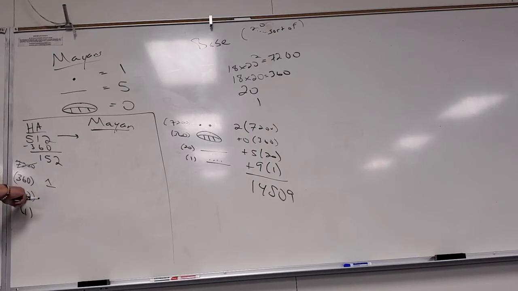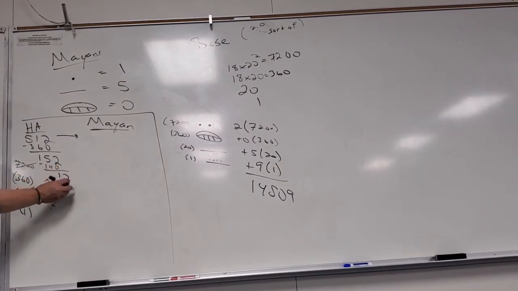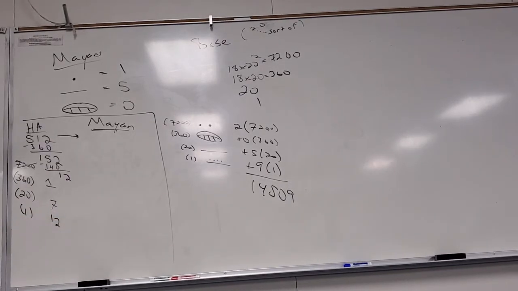So now, how many 20s? 7. So now I've got how much left over to worry about? 12. So 12 ones. See, it's fine in the middle. Isn't that the same exact work? Just with slightly different numbers than we did for Babylonians, right? Same middle work. The last step is just bring the right numerals in, right?